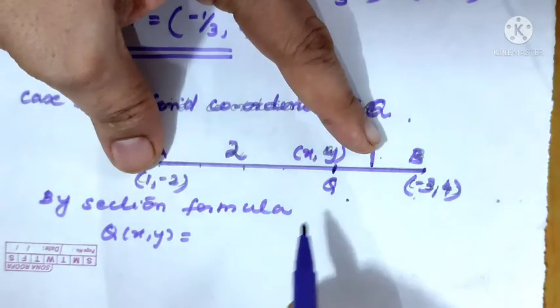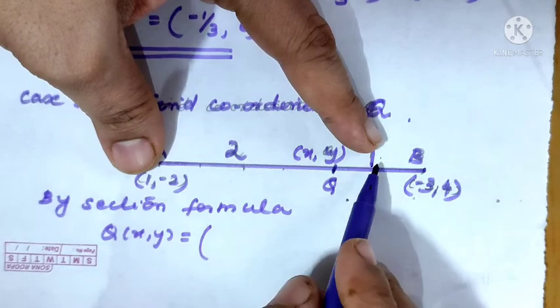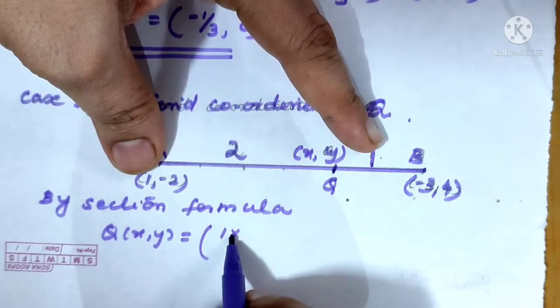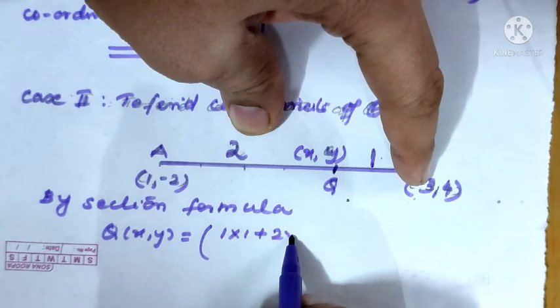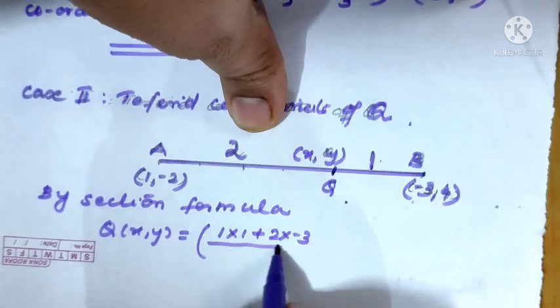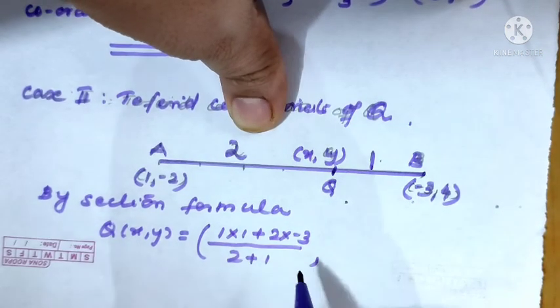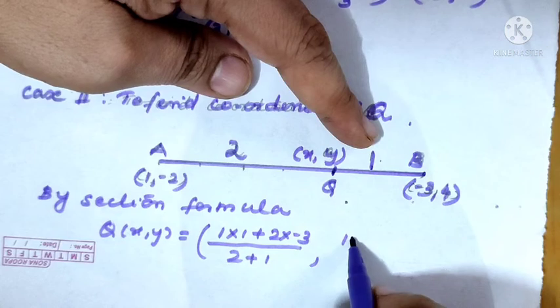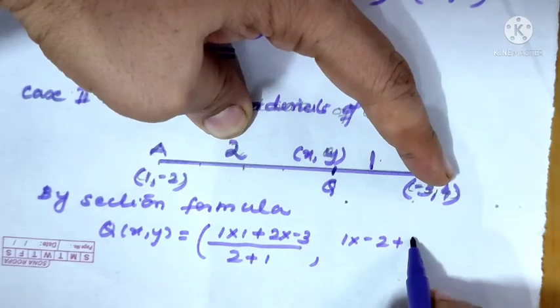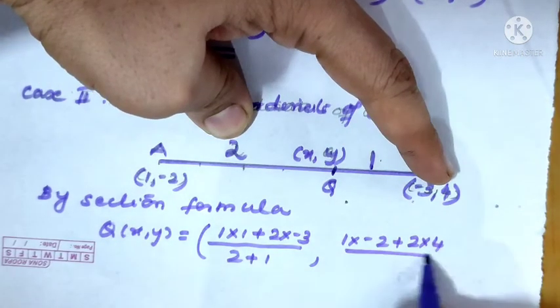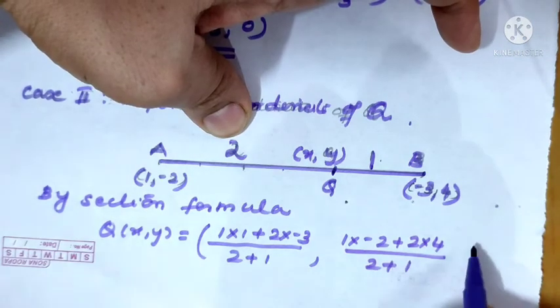So the x coordinate is 1 into 1 plus 2 into minus 3 divided by 2 plus 1, comma 1 into minus 2 plus 2 into 4 divided by 2 plus 1.